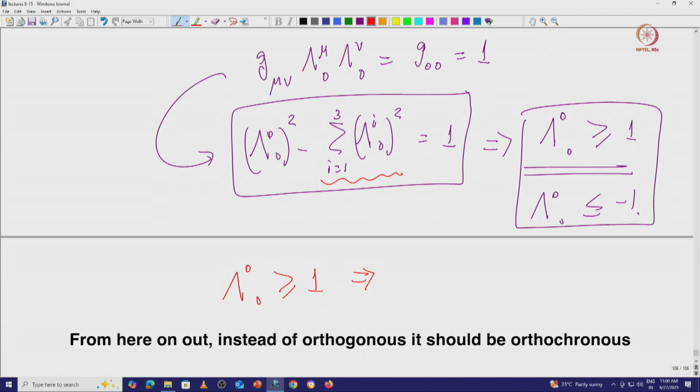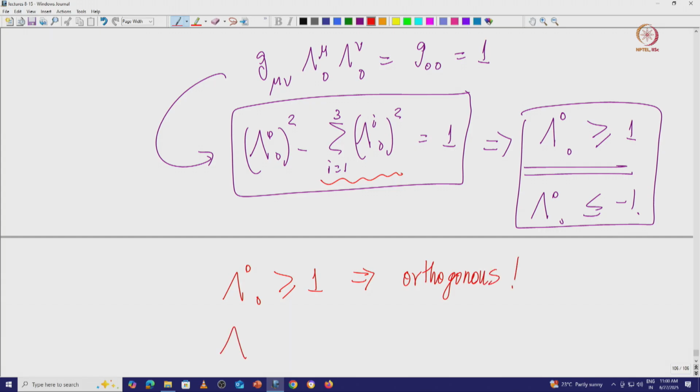Now the condition that lambda 0 0 is greater than or equal to 1 is called orthochronous. And lambda 0 0 less than or equal to minus 1 implies non-orthochronous.